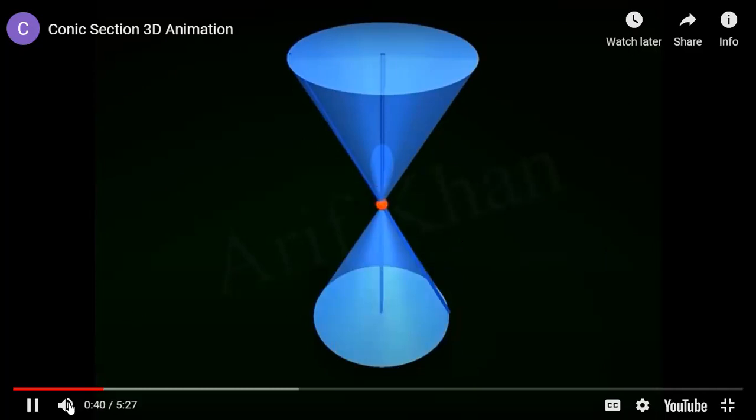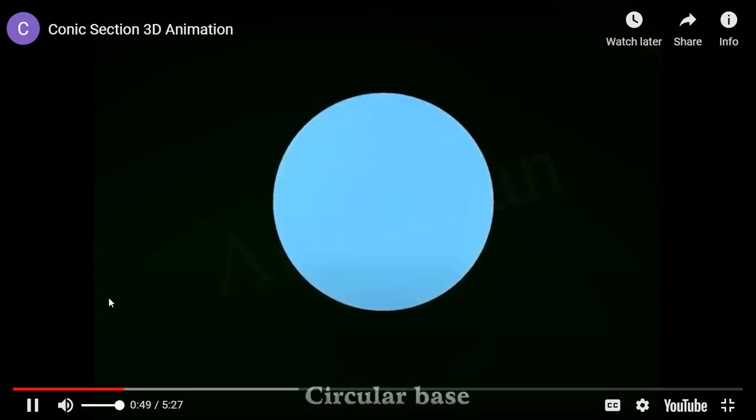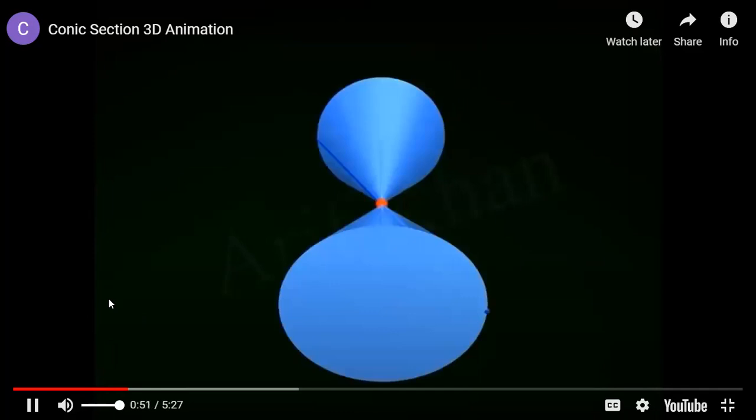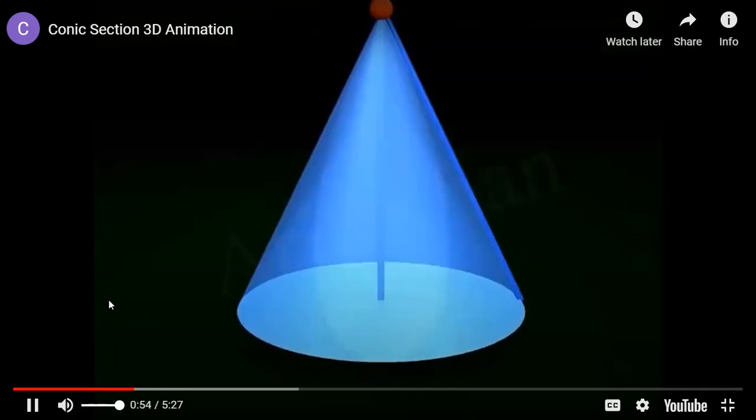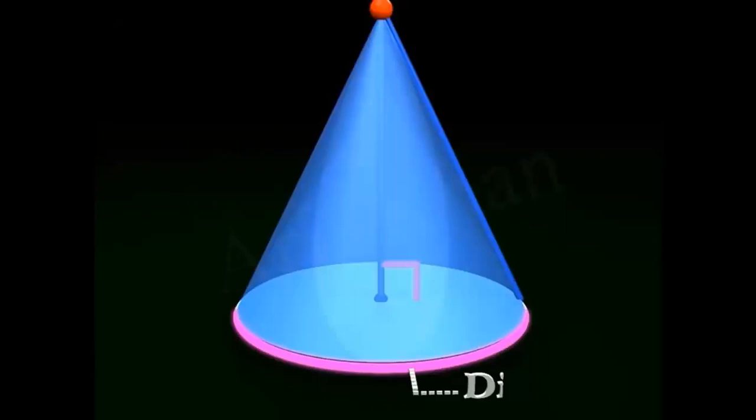And the line that remains fixed is called the axis. A right circular cone has a circular base, and its axis is always the perpendicular line from the center of the base to the vertex. The perimeter of the base is called the directrix.